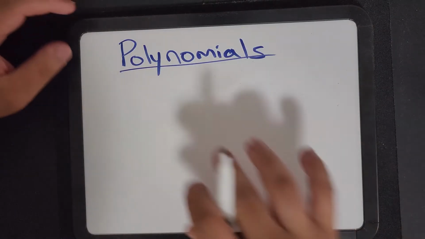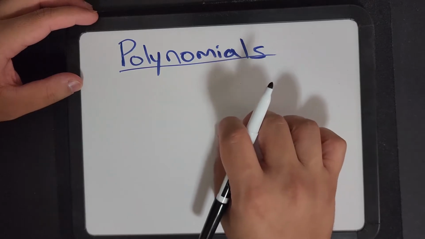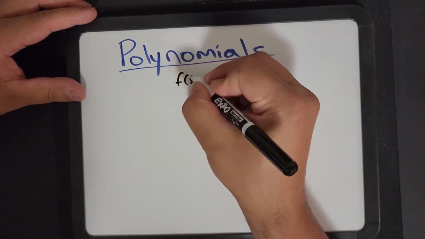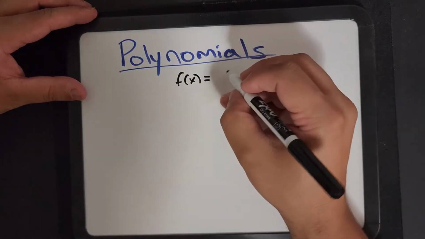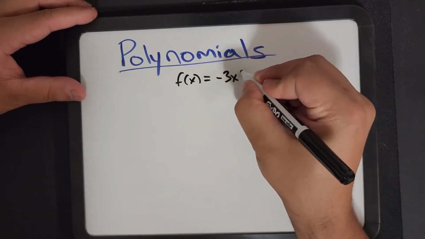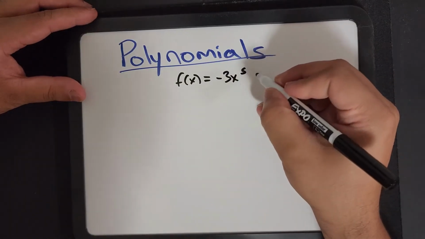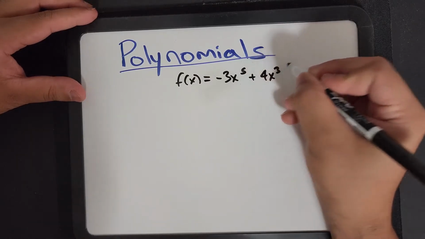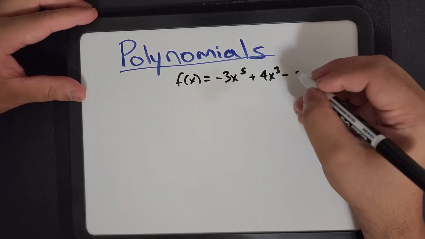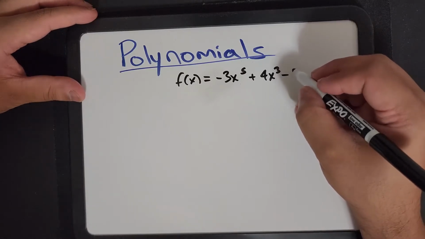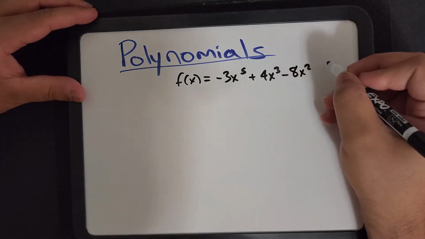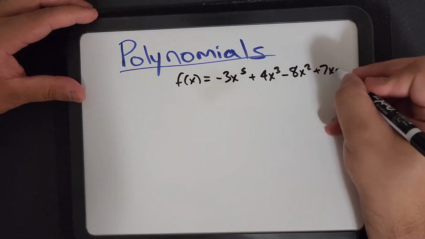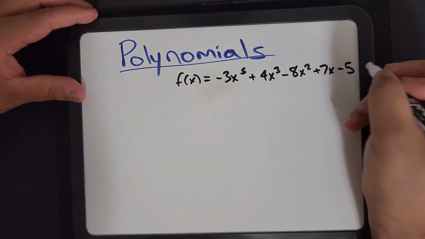Okay, so in this video we're going to be looking at polynomials. So let's start with this. F of x is equal to negative 3x to the power of 5 plus 4x cubed minus 8x squared plus 7x minus 5.